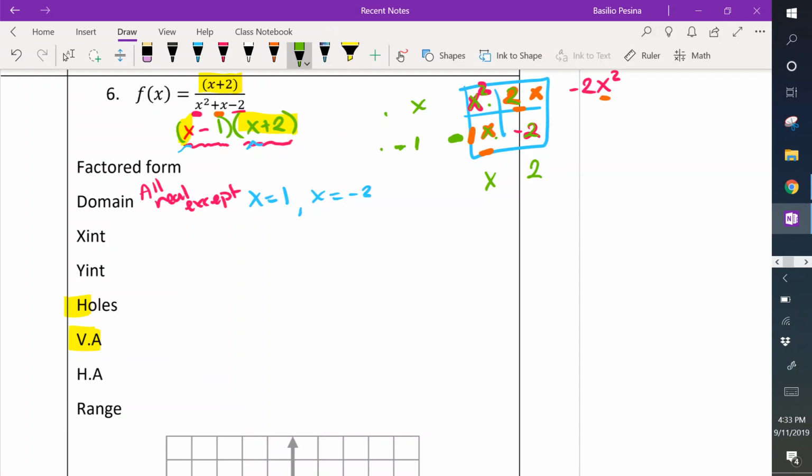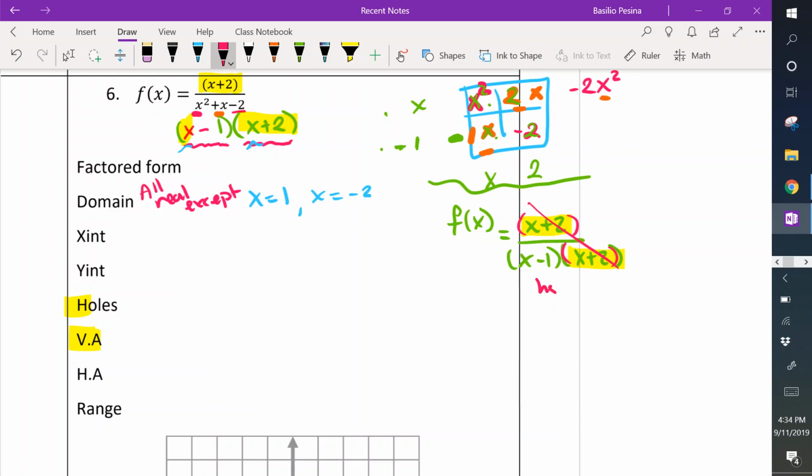Let me write it for you since it could be a little bit messy. My factored form of all of this says that it is x plus 2 divided by x minus 1 times x plus 2. Okay, hopefully that's easier to see that this factor is the same as this factor right here. So what I can do is notice that they are equal to 1.